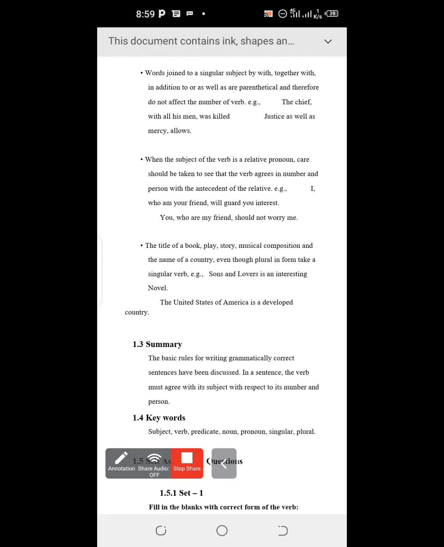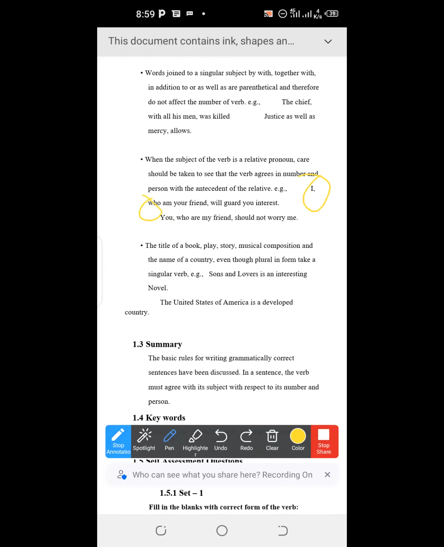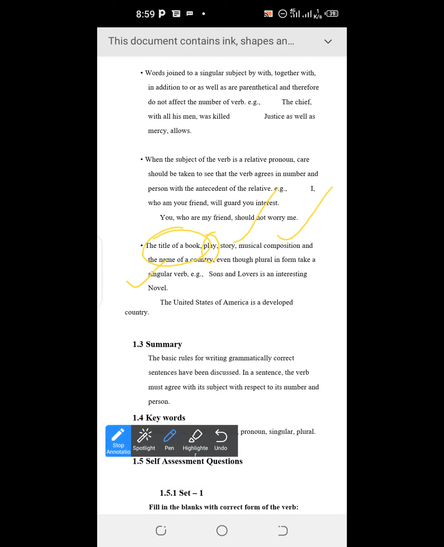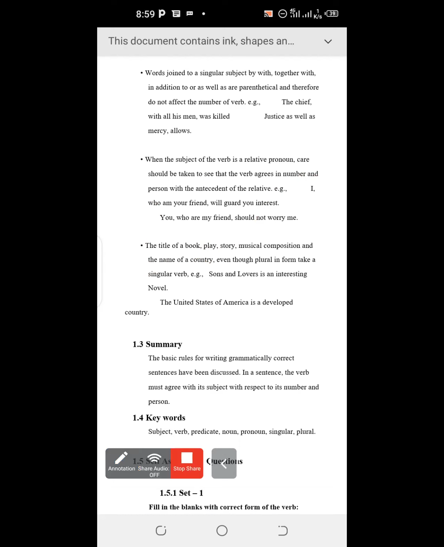So when there is a relative pronoun, still you will have to see the verb. The title of a book, play, story, musical composition, and the name of a country, even though plural in form, take a singular verb. What takes a singular verb? Title of the book, play, story, musical composition, the name of a country, even if they are plural, you will have to go for a singular verb.